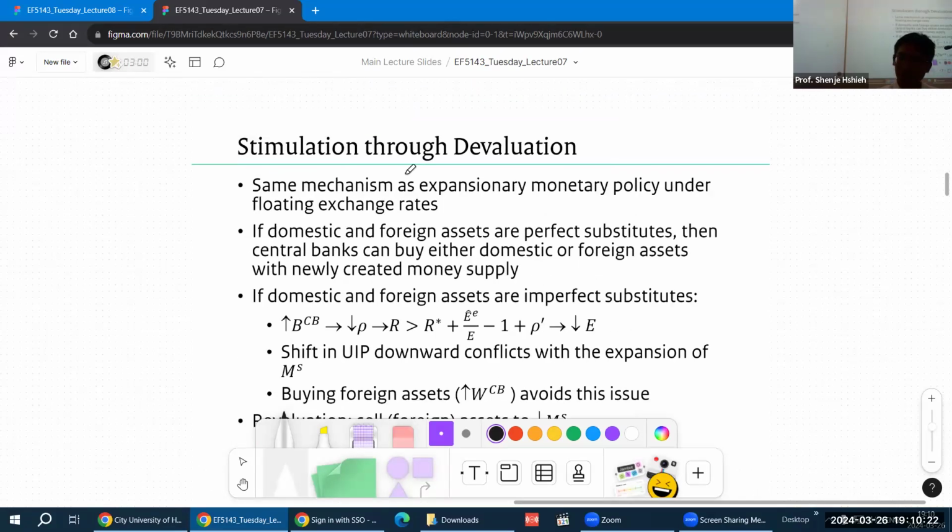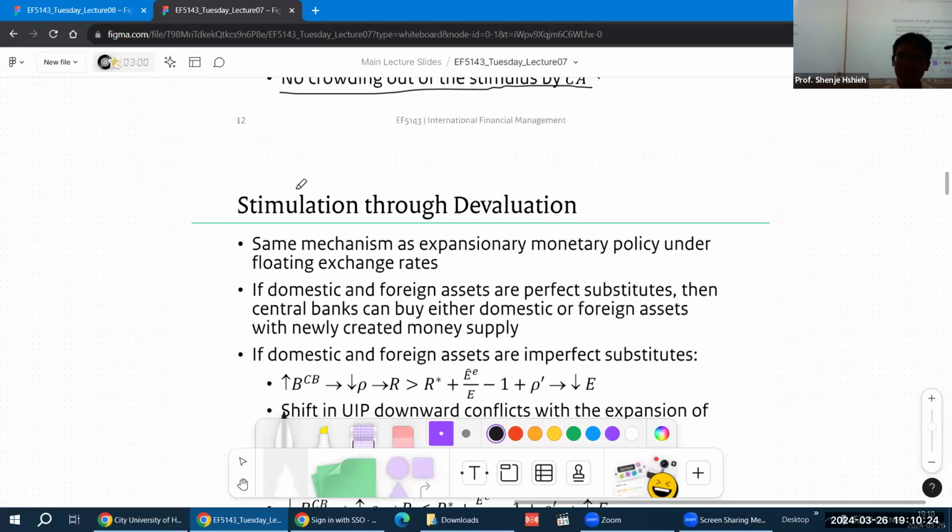Devaluation through stimulation to devaluation. This is just like monetary expansion under flexible exchange rates. The difference here is that in both the short run equilibrium and the long run equilibrium, we are just assuming that the central bank adjusts itself such that the E always stays constant, no matter which equilibrium we are in.